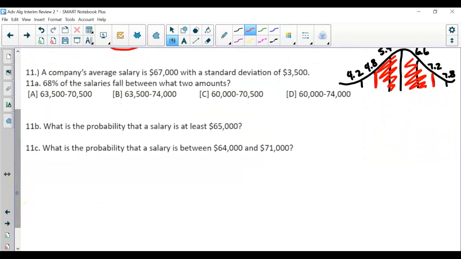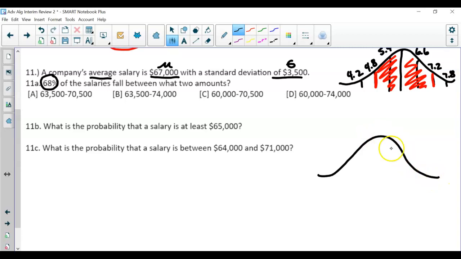So now in question number 11. So using this situation, this is our average, our mean, and here's our standard deviation, our sigma. 68% of the data. So that means how many standard deviations away from the mean? 1. So again, we'll set up our curve here to use empirical rule because of normal distribution. I've got 67,000. Now, we only need 68%, so I only need one standard deviation above and one below.